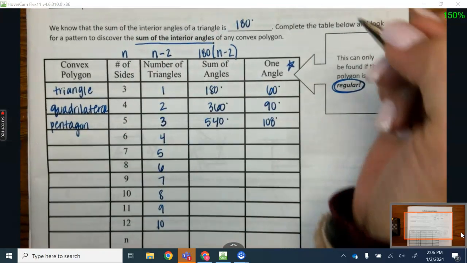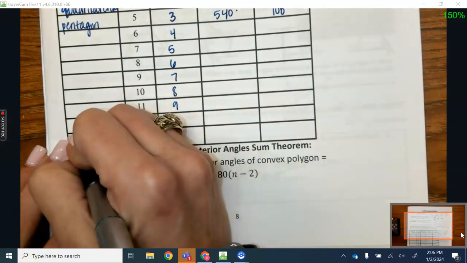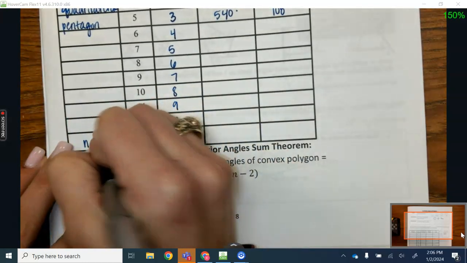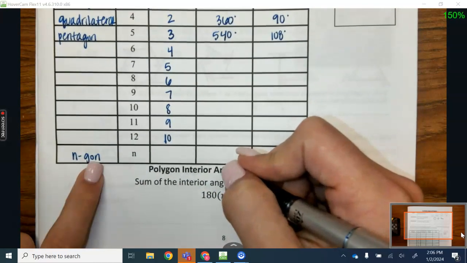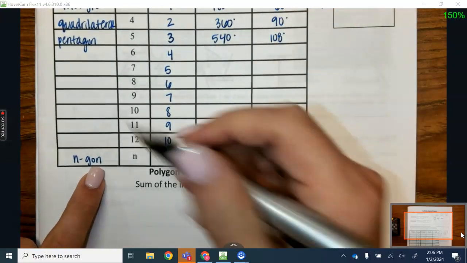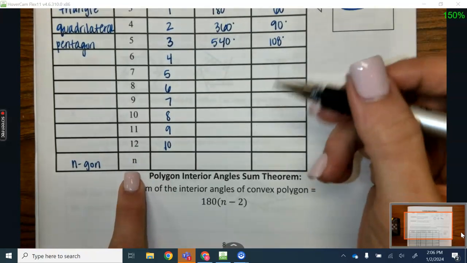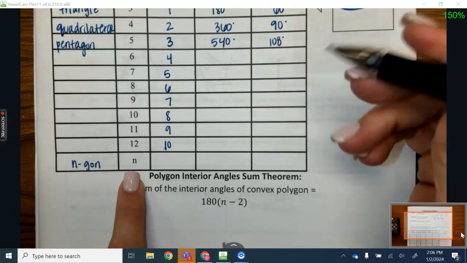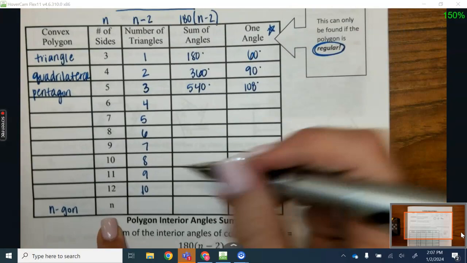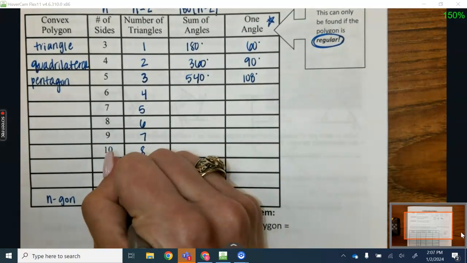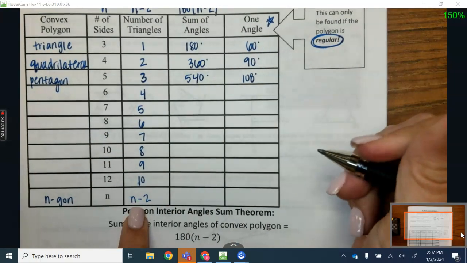So here are the rules for any n-gon. We'll finish that table here in a second. N represents the number of sides, which is also going to be equal to the number of angles. The number of triangles, we had to subtract 2.